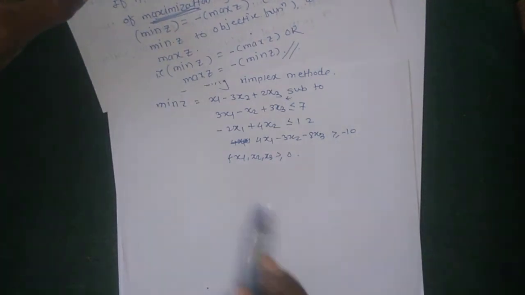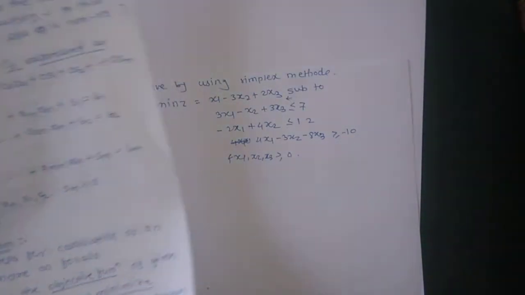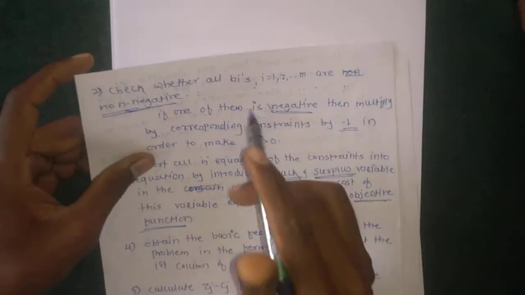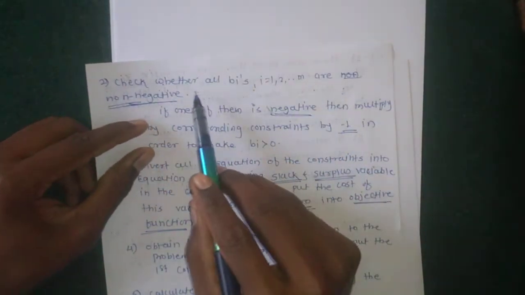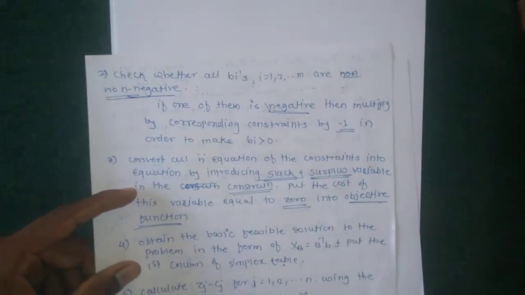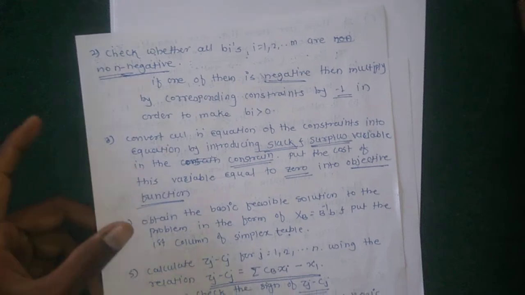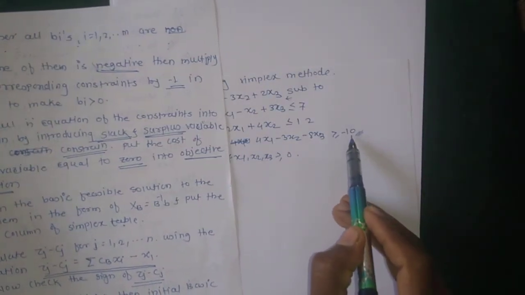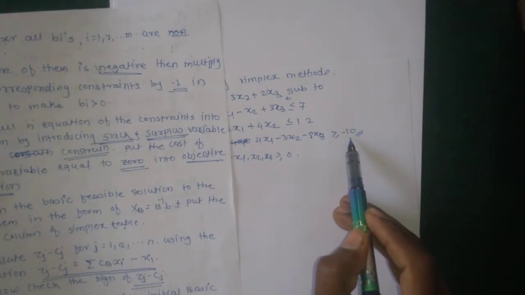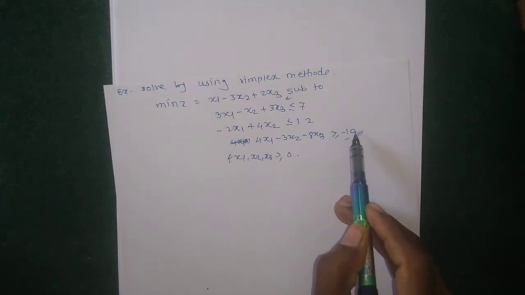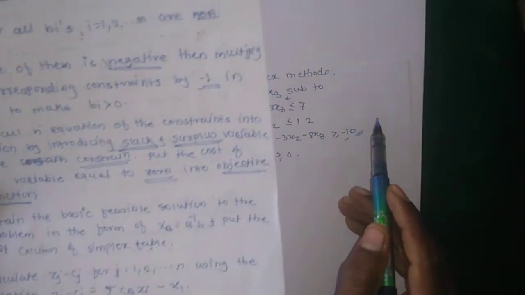Then next, check whether all bi are non-negative. Here minus 10, this constant b3, is negative, so multiply this constraint by -1 and we get bi positive.